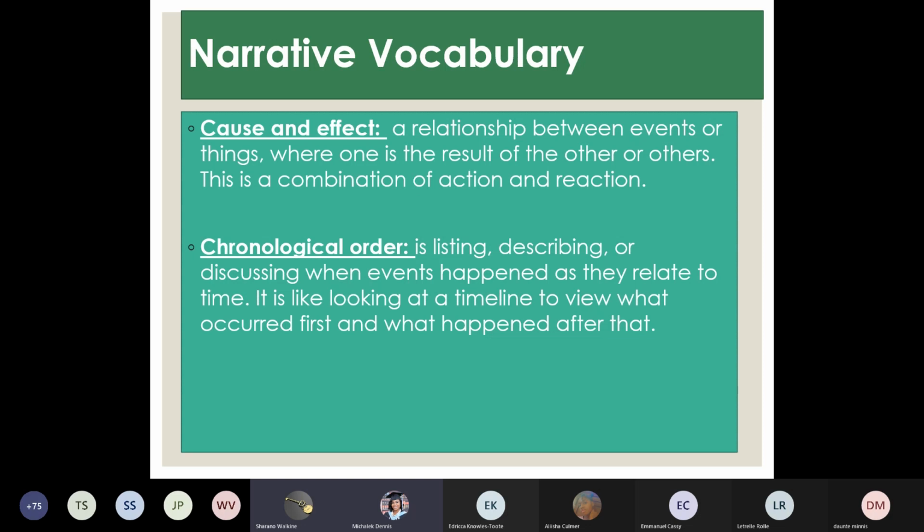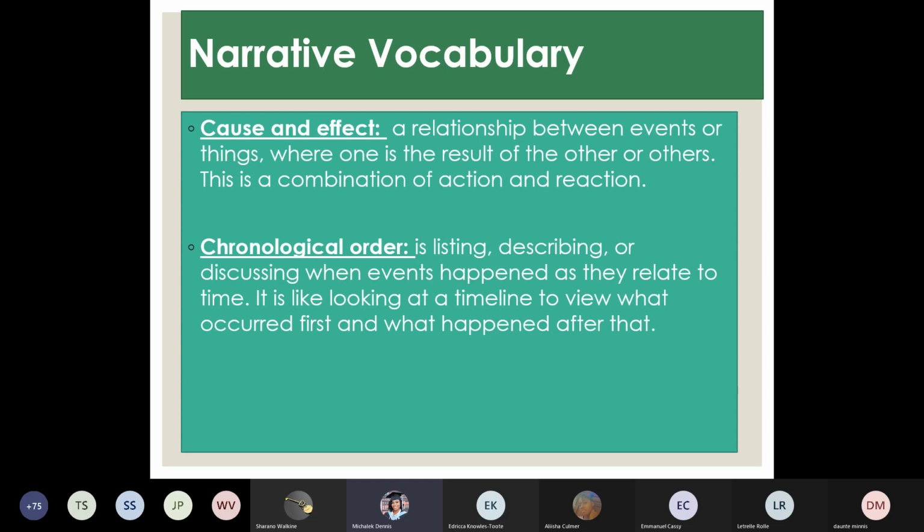An effect is what happens, the consequence of something you've done. A cause is how something happened. An effect is the result after the cause was made. You see this happening in your story as well.